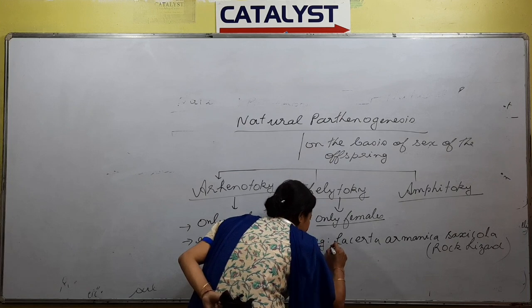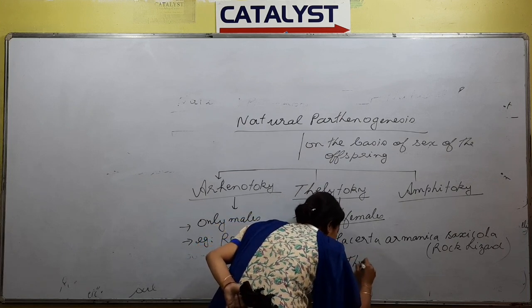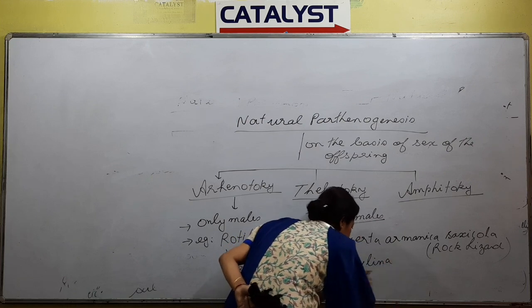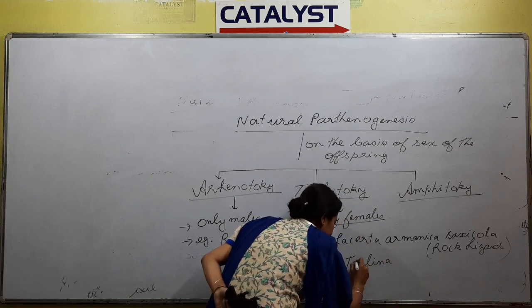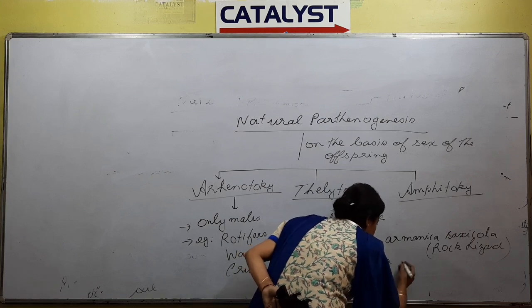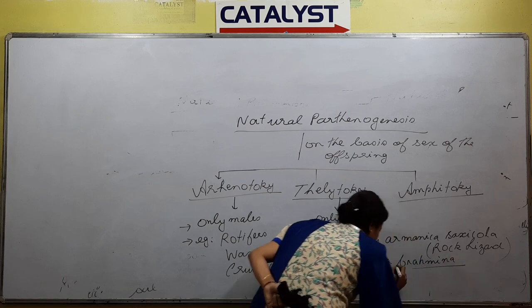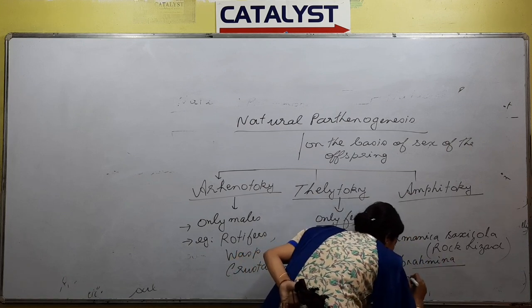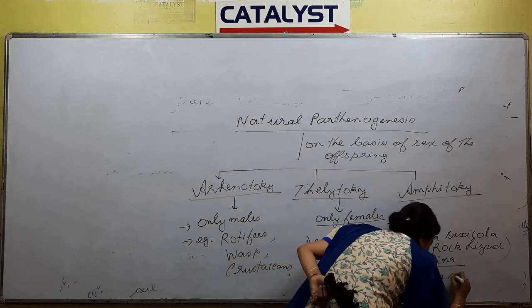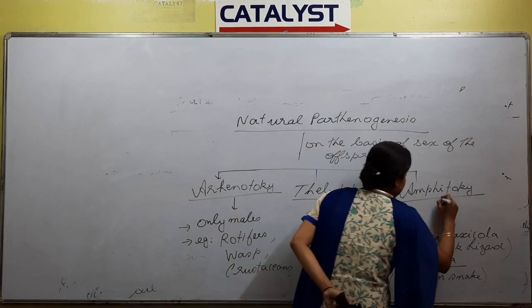The second example is about an Indian snake, Typhlina Brahmina. This is an Indian snake, etc. Our Amphitochi example will be aphids.